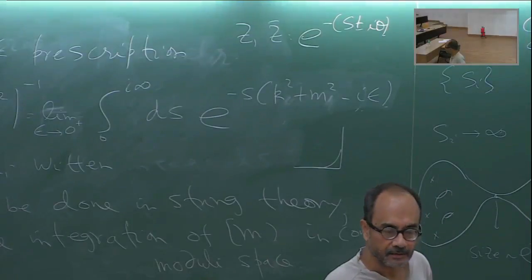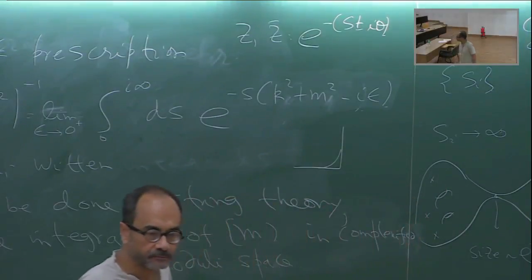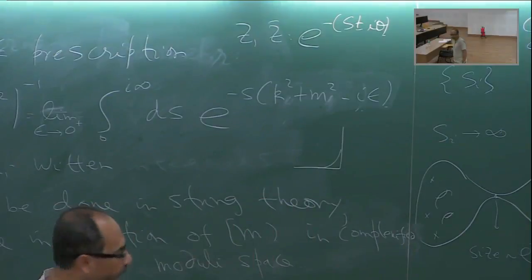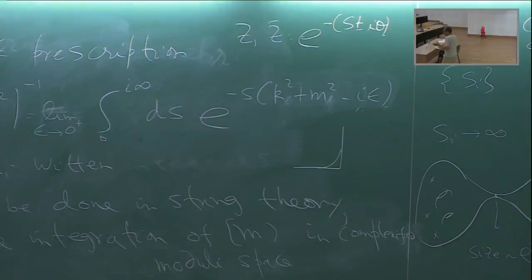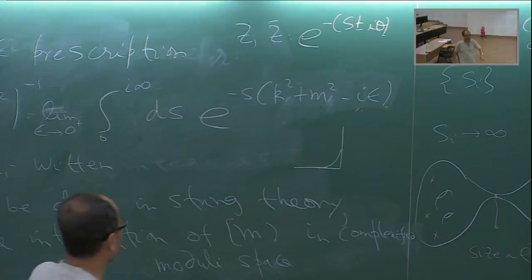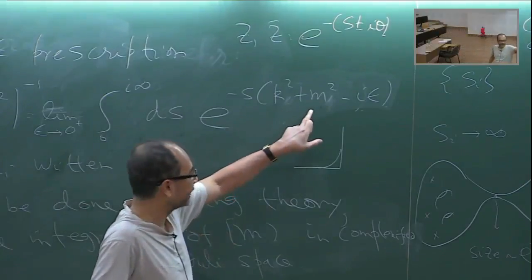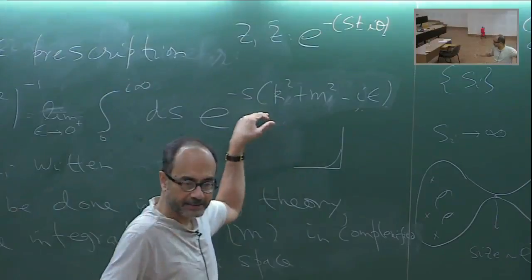But I didn't understand why do you go very close? We don't have to. You can turn it, yeah. But if you turn it too early, then you don't suppress contribution from heavy states. You see, the advantage of having s running along the real axis is that for larger and larger m, this is suppressed, right?